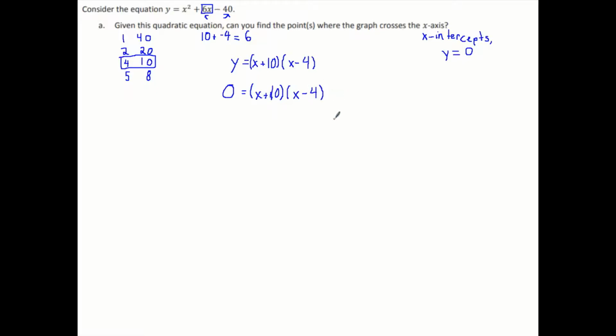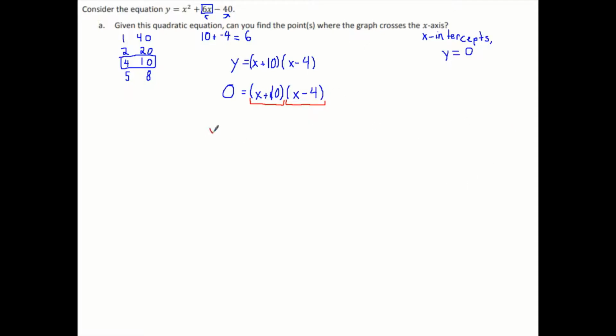Now my question is, if I want this to equal 0, how do I get 0 when I'm doing multiplication? There's only one way to get the number 0 when I'm doing multiplication. One of my two things needs to be 0. That means either this first section needs to equal 0, or the second section needs to equal 0.